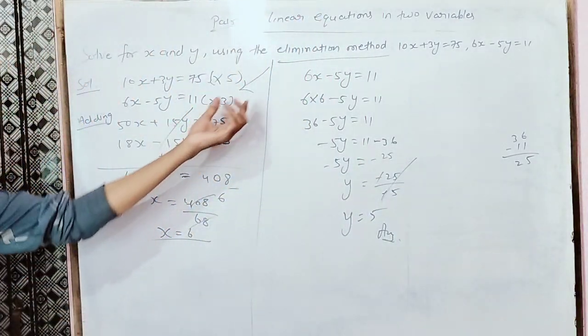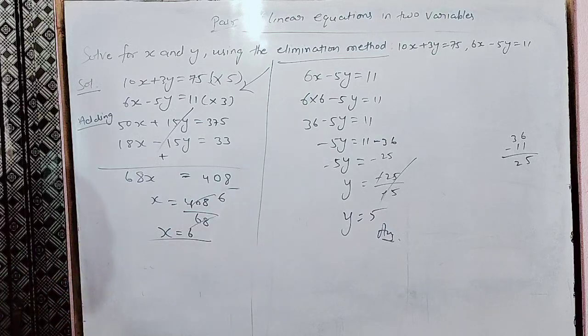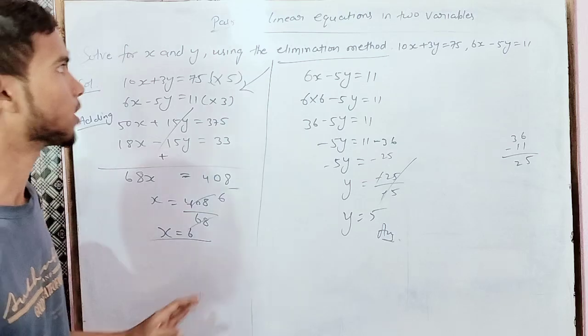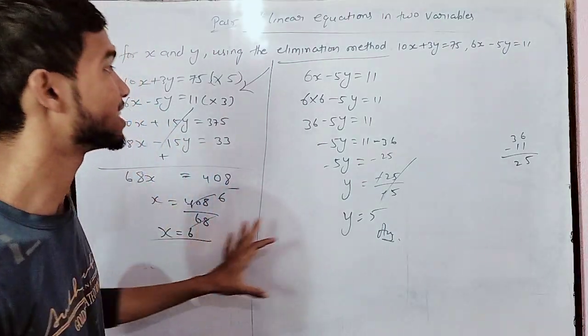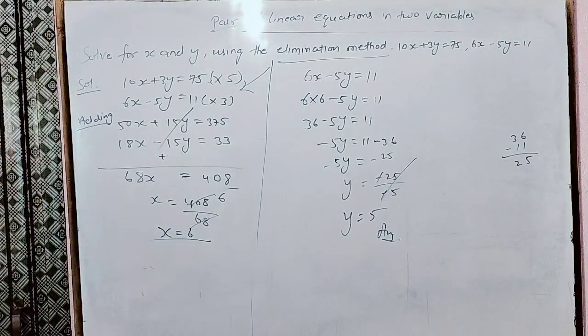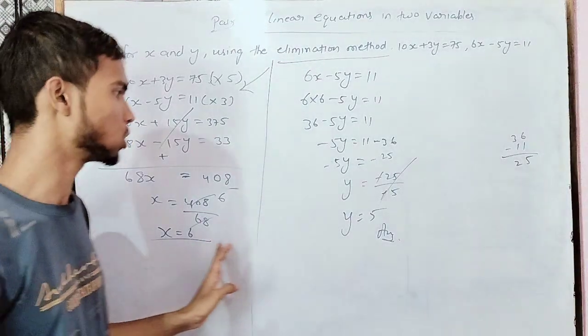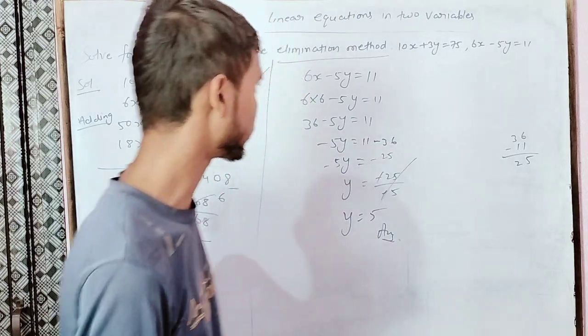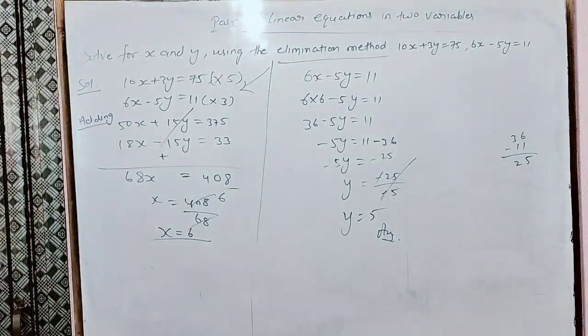After applying the elimination method, we simplified each equation. Then we found x as 6, y as 5. So from this equation we understood how to apply the elimination method.